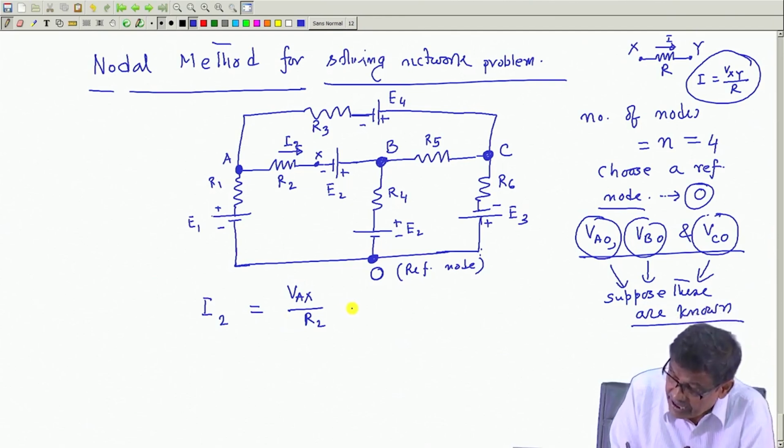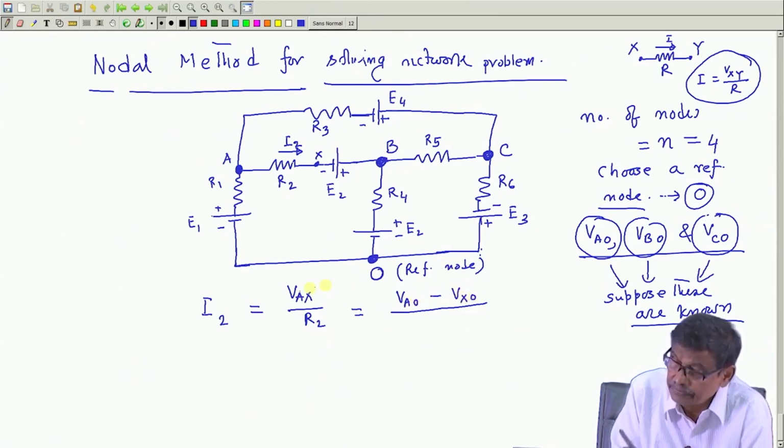Now, this Vax is the crucial step. I will write it as Va0 minus Vx0, divided by R2. This will be this current I2.